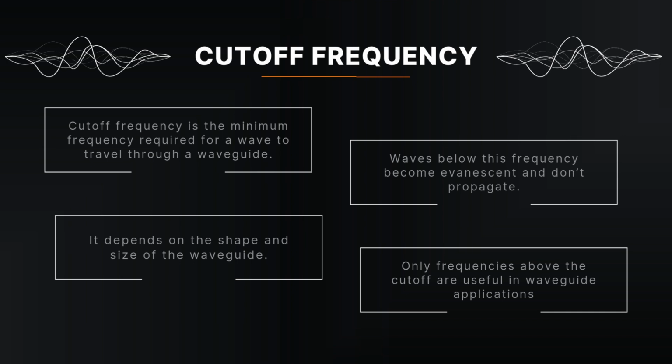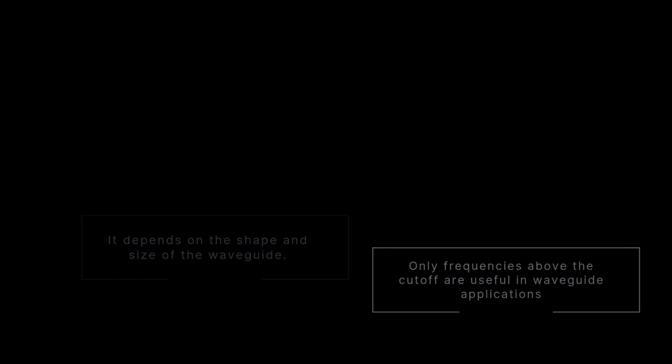This value depends on the size and shape of the waveguide. If the frequency is below the cutoff, the wave becomes evanescent, meaning it will decay exponentially and will not carry energy forward. Therefore, only frequencies above the cutoff are useful for waveguide applications, especially in microwave and millimeter wave systems.